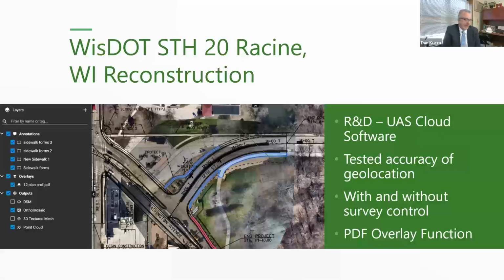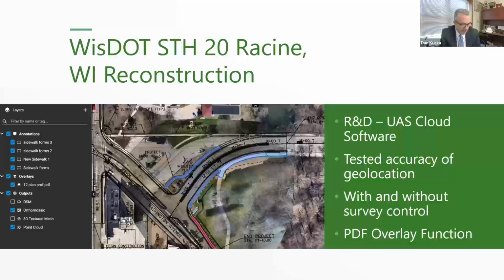So the next project I'm going to talk about, I'm going to do a little bit of a deep dive here. Hopefully if folks are looking to get into this work, we'll give you some of the features of how this went, or the details that were required to know to get it accomplished. This was about a $10 million construction project, and we were assisting the contractor with construction layout.